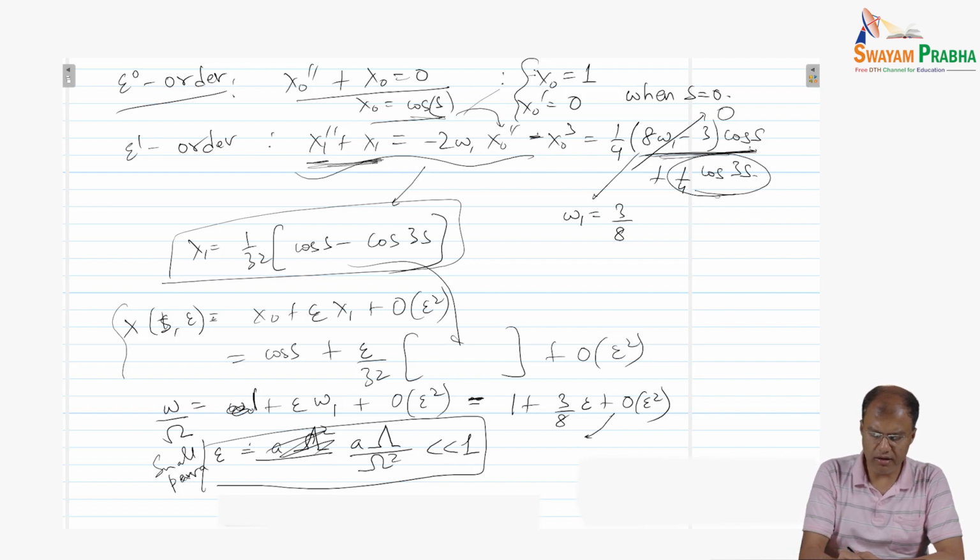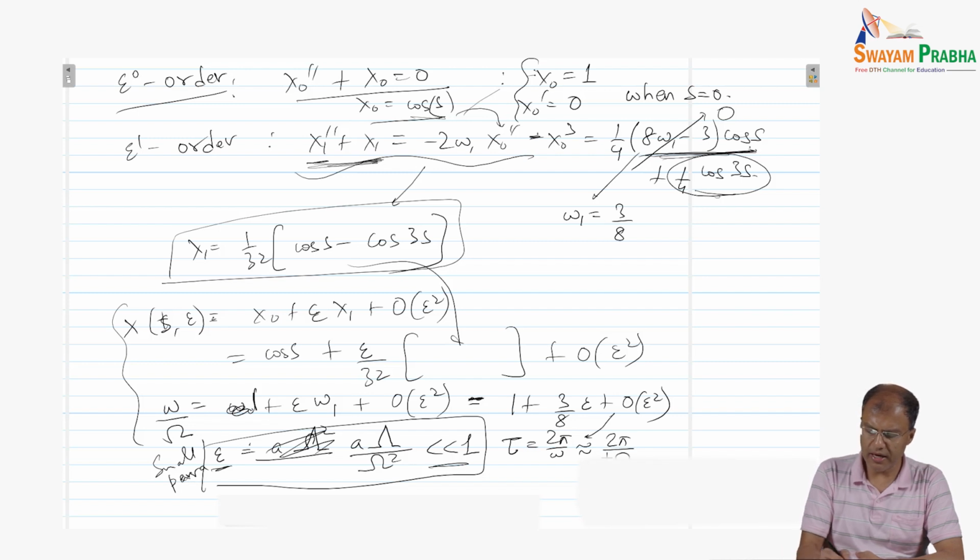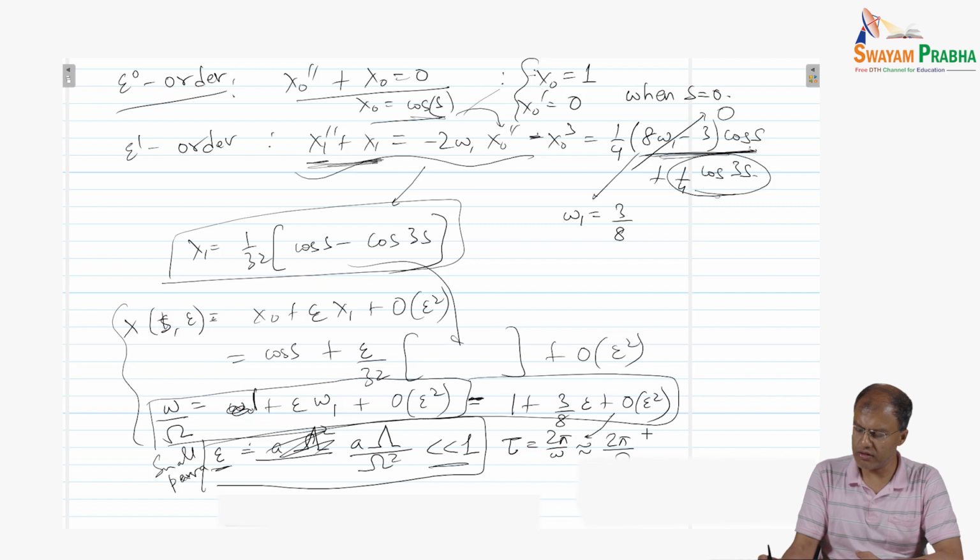So all these final solutions are valid only for this condition, and we see that my period tau is 2 pi by omega, which is roughly equal to 2 pi by capital omega. I am using this formula for angular velocity here. So this is 1 minus 3/8 epsilon plus order epsilon squared.